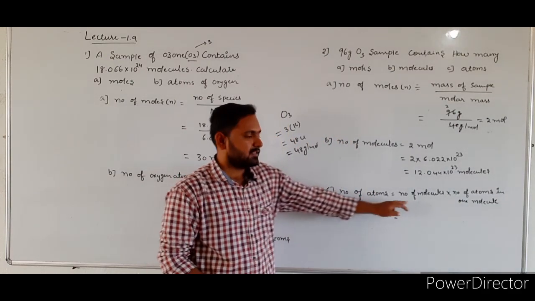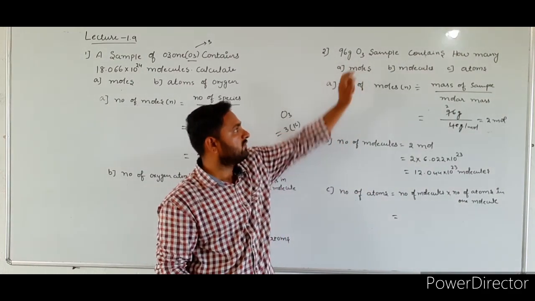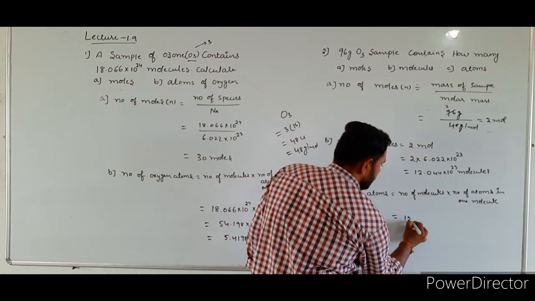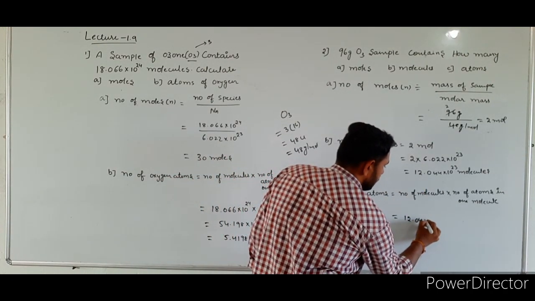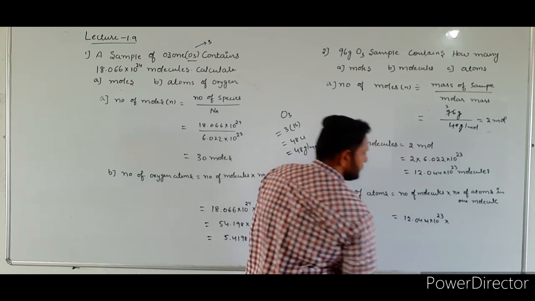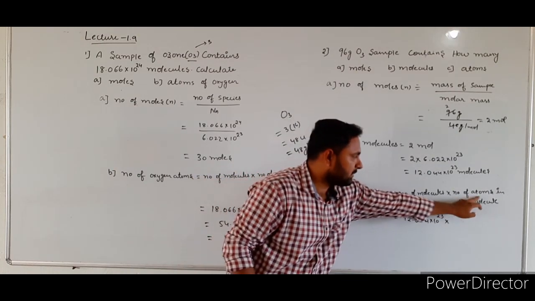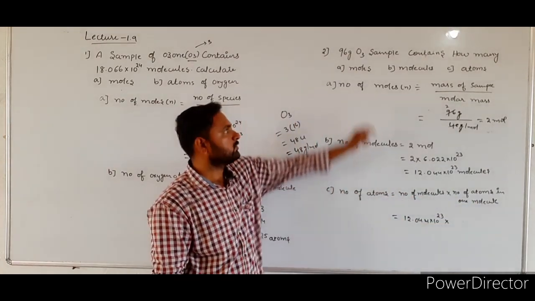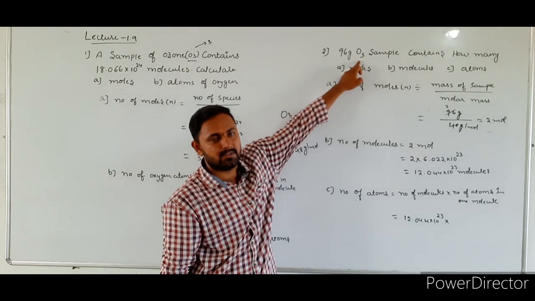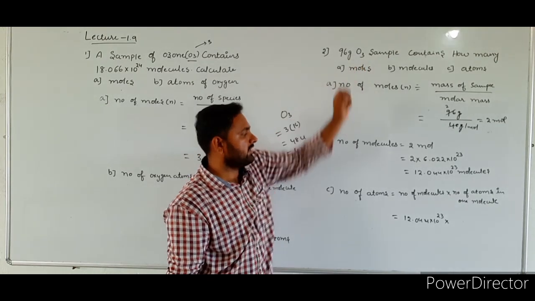How many molecules are present in 96 gram of O3? 12.044 into 10 power 23 molecules are there. Then how many atoms are present in one molecule of O3? 3 atoms, right? O3 means 3 oxygen atoms are there.